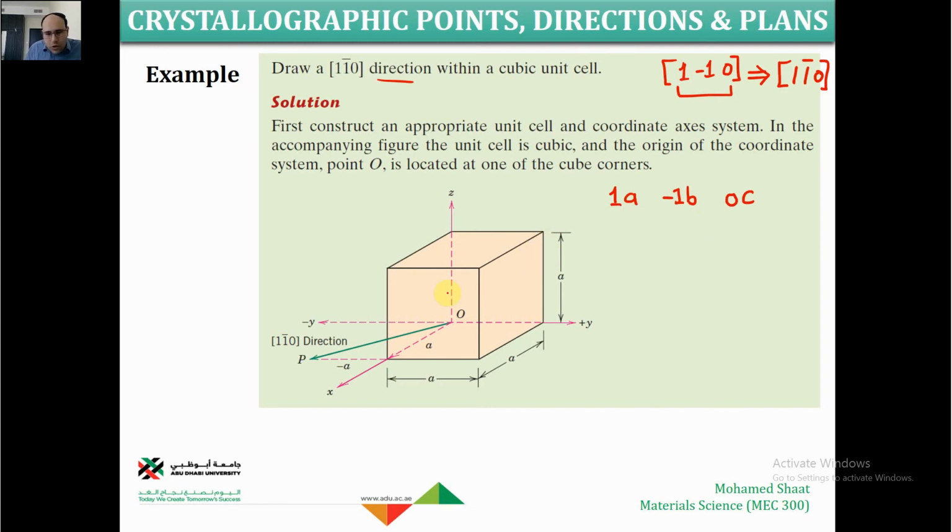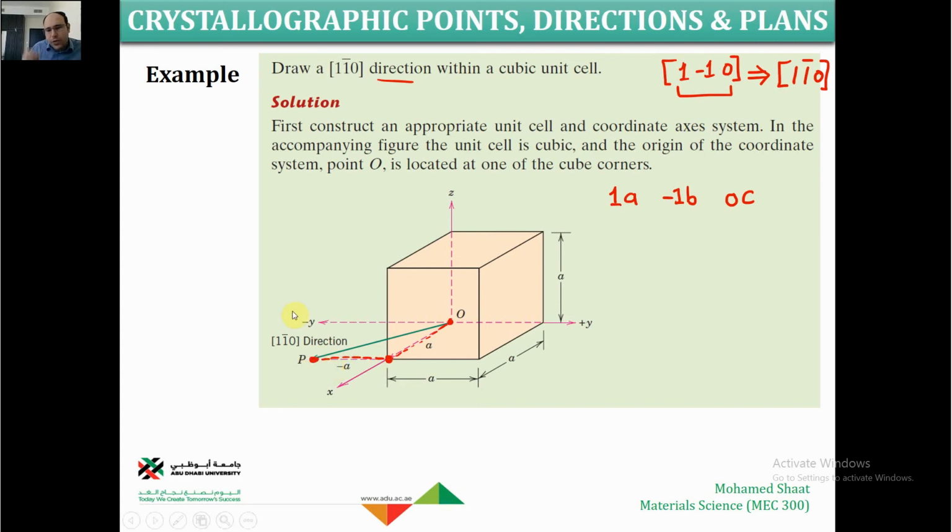This is what you're going to do. You're going to start from the 0 point and move the entire edge that is parallel to X till I reach this point. So now I'm here. Then you're going to move in the negative Y with the entire distance of B, which is this edge, and instead of moving in this direction, you're going to move in the other direction, with the negative entire A or B distance, which is A since this is cubic.